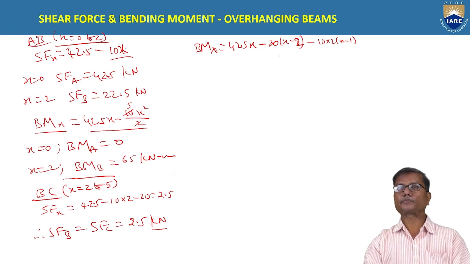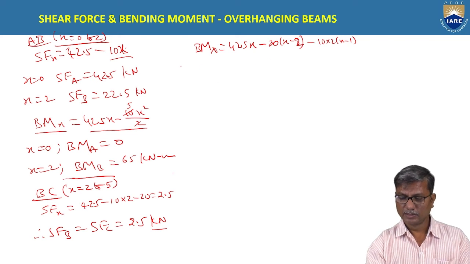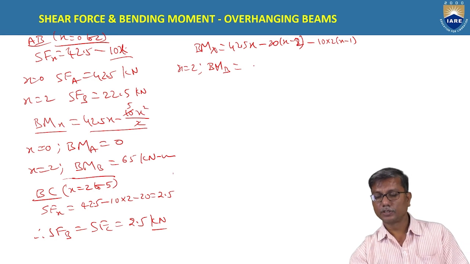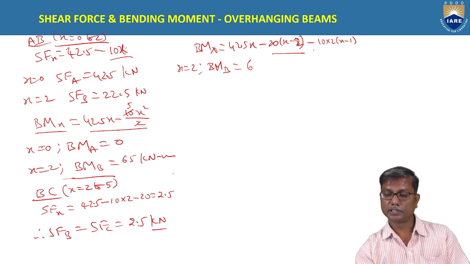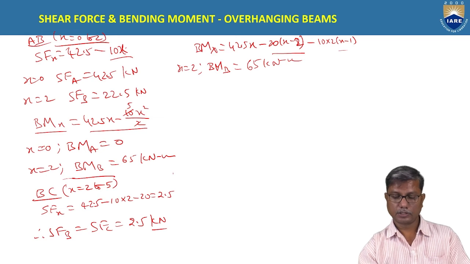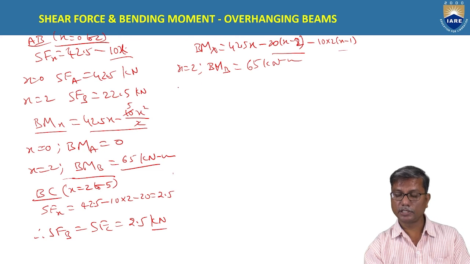Understand? So at x equal to 2, we get bending moment at B: this term becomes 0, and you have 85 minus 20, that is 65. Bending moment at B is 65.